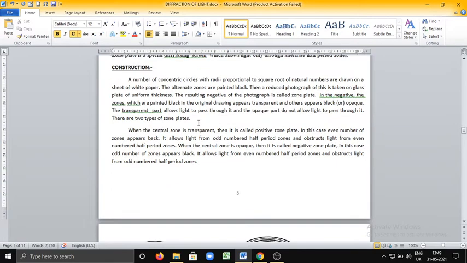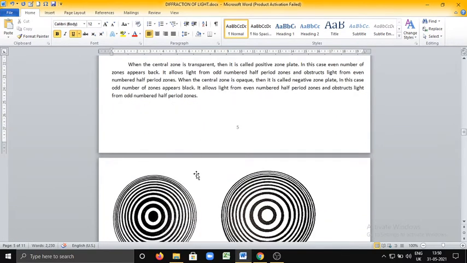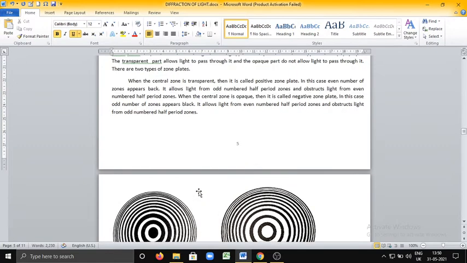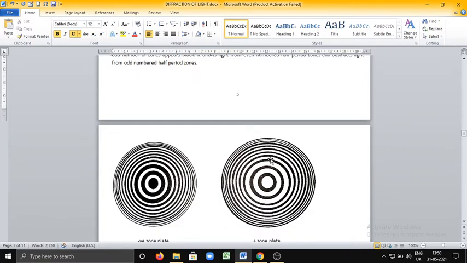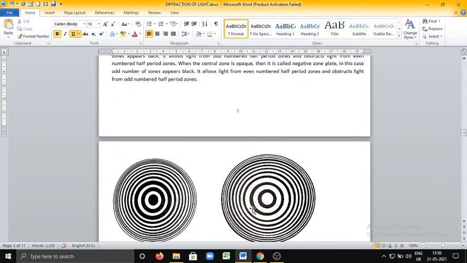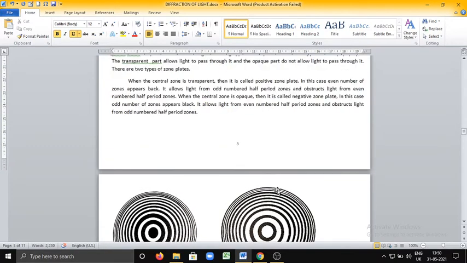There are two types of zone plates. When the central zone is transparent, then it is called a positive zone plate.